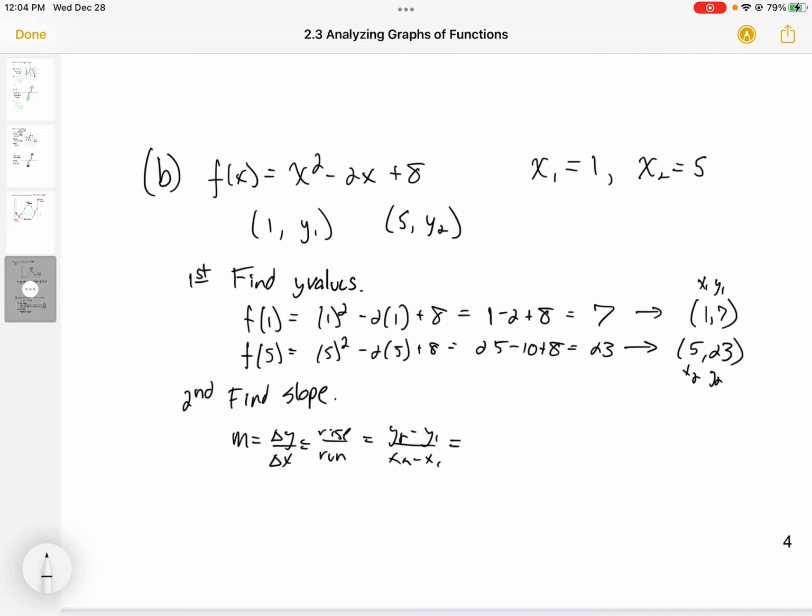So here we have 23 take away 7 and 5 take away 1. 23 take away 7 is 16, 5 take away 1 is 4, and that gives us an average rate of change between those 2 points of 4.